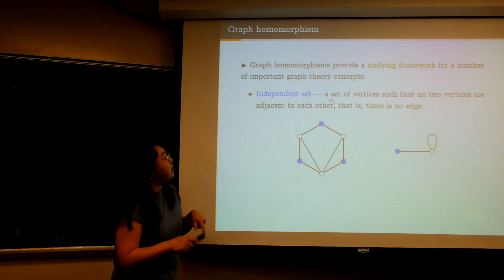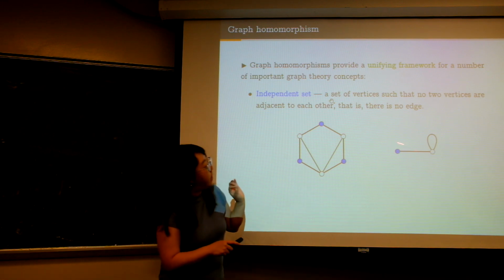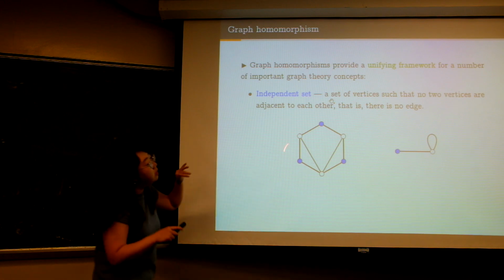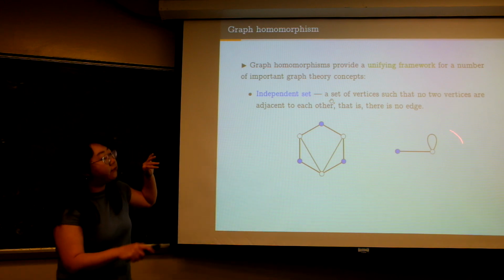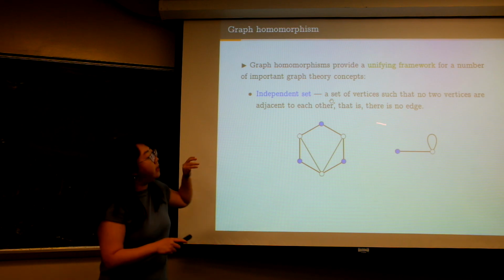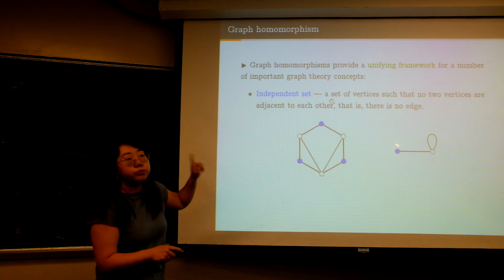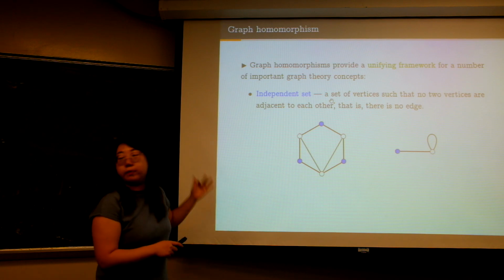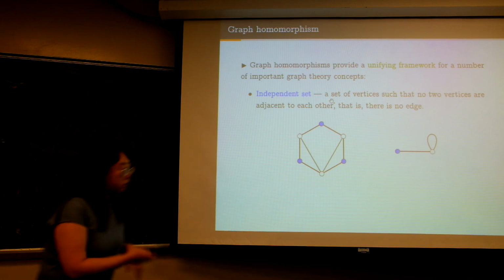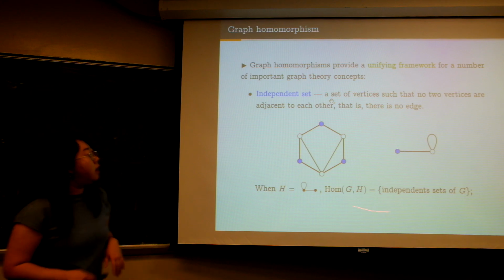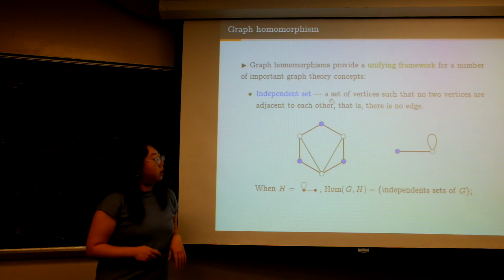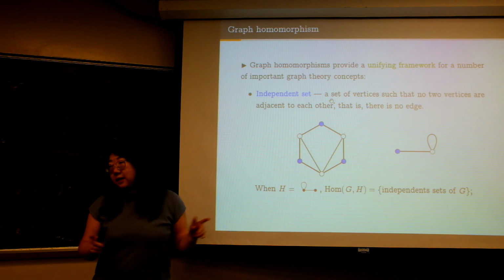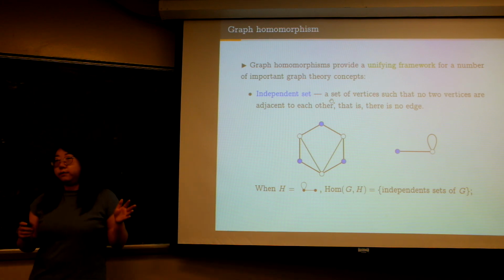Indeed, in general, given any graph, if you have such a homomorphism, then the pre-image of the blue vertex must be an independent set, because there should be no edge before. So when H is equal to this graph, the set of homomorphisms from G to H is exactly the set of independent sets of G.